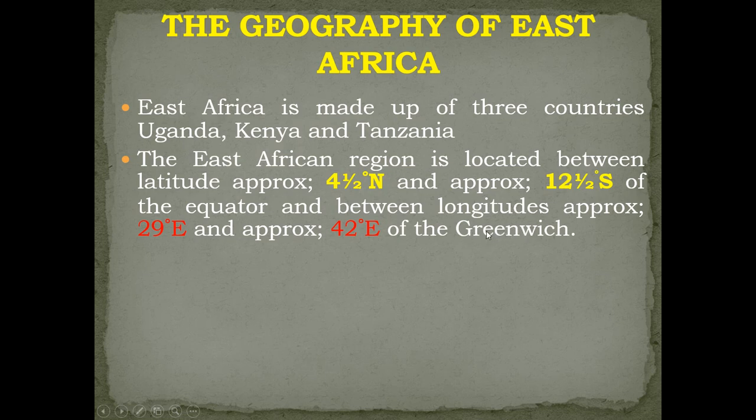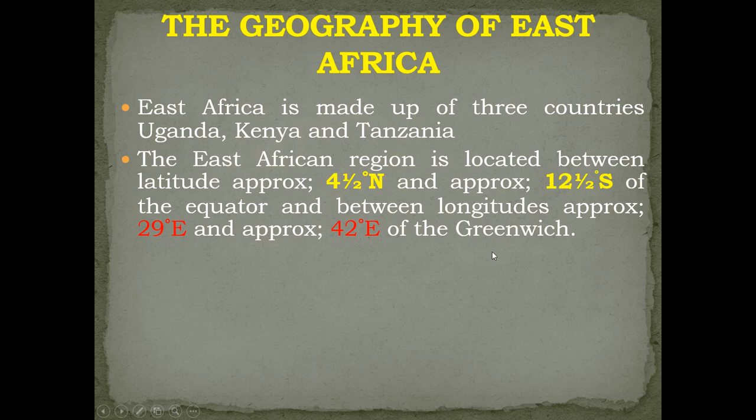The Greenwich is the major longitude, and it crosses Africa through Ghana. Therefore, because the East African countries are to the east of Ghana, that is why we say longitude 29 degrees east and 42 degrees east.